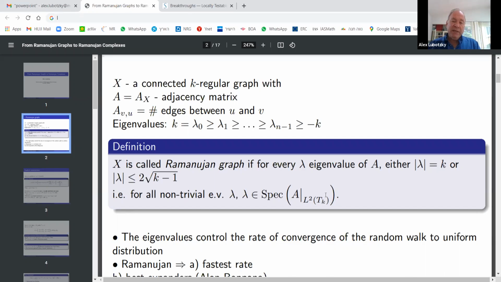So basically, we say that the graph is Ramanujan if and only if it might have the trivial eigenvalues at k and minus k, which are kind of enforced on us because we live in a finite world, but all the other eigenvalues are coming from the ideal object.